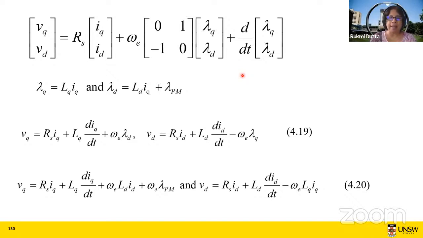So now we have voltage equations which include resistive drop, inductive drop, and additional flux linkage terms like this, but they are all in DC. They are no longer time varying, theta varying quantities. And this is known as the DQ model.